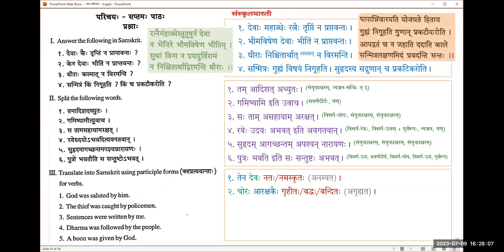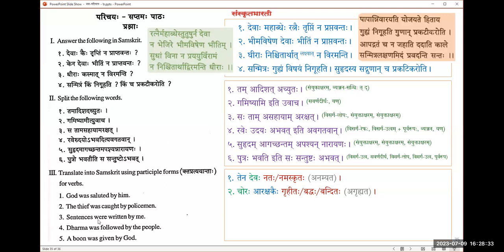Okay. Neela Varya, you try number 3. I'm not very confident. Sentences were written by me. Mahyam is to me. So Maya, by me. Vakyani.